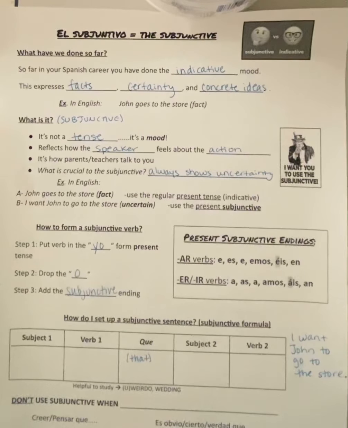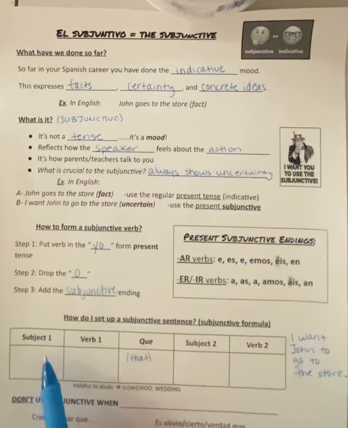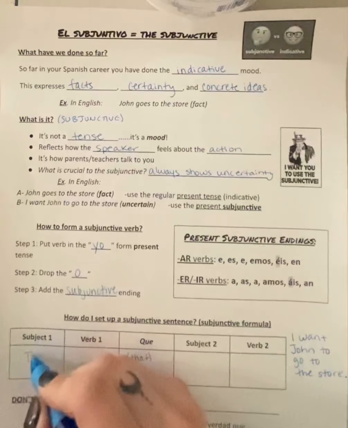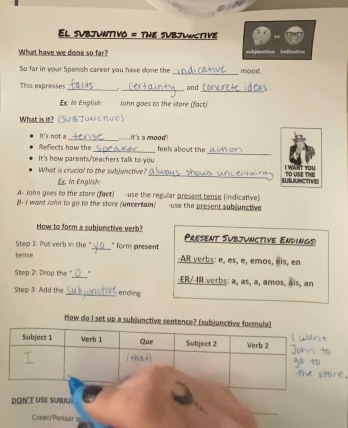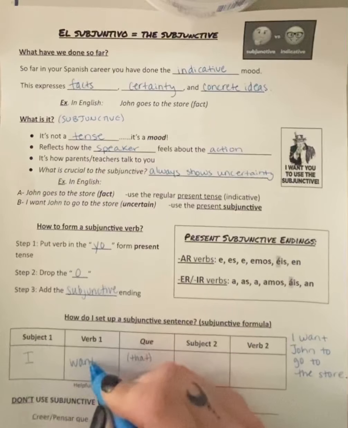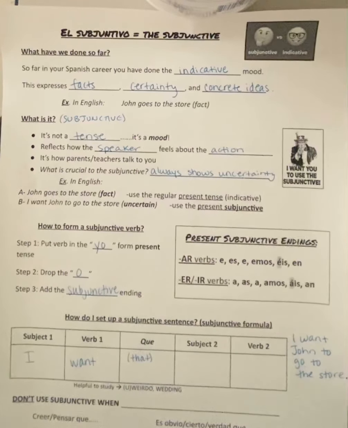All right. And now I'll kind of put that on the back burner for just a moment. So our subject one is I. Okay. Our first verb is want. I'm doing the wanting. Okay. I want that.